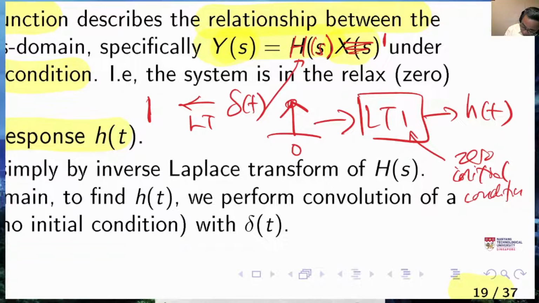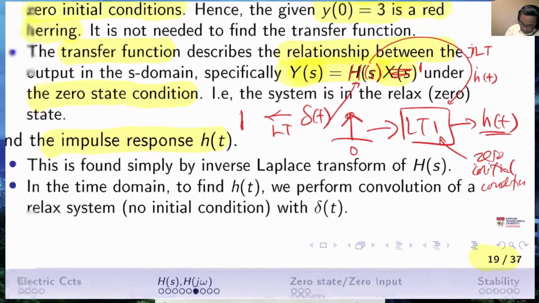In the time domain, when we fire the impulse, we get h of t. In the s domain, X(s) equals 1 and Y(s) equals H(s). So the inverse Laplace transform of H(s) is equal to h of t. So that's the idea.